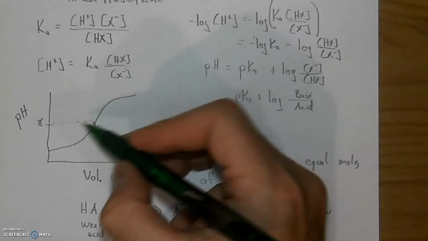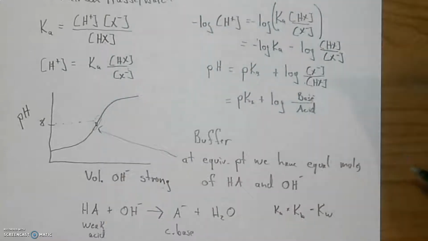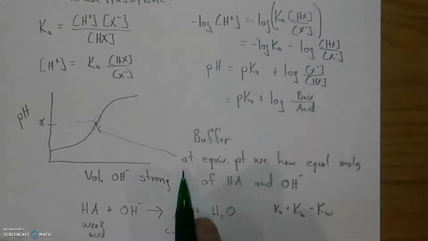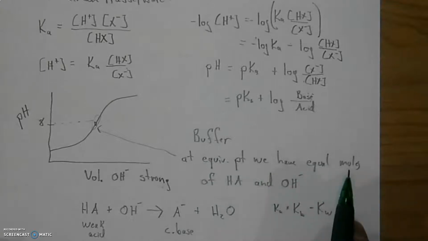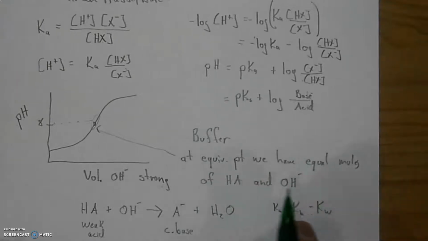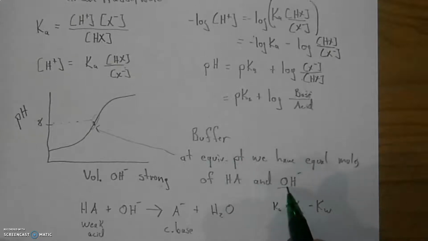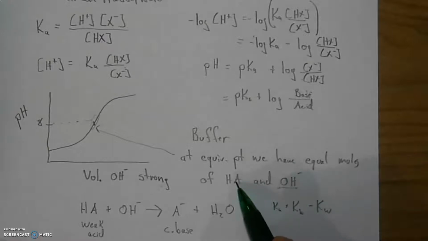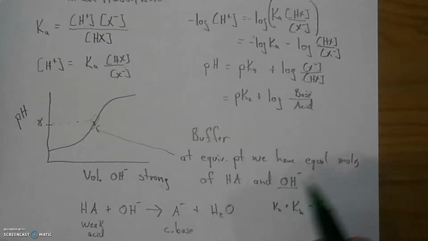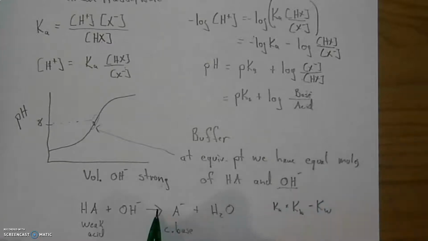Now, many of you may be saying, well, clearly at the equivalence point, because at the equivalence point we have equal parts, moles, of the acid and OH. So be very careful what base you're talking about. What happens when you have equal parts acid and base? Give it a pause. Your answer should be that the acid is 100% gone, and all of it has been transferred over to the conjugate base. So it's gone. That is not the answer.